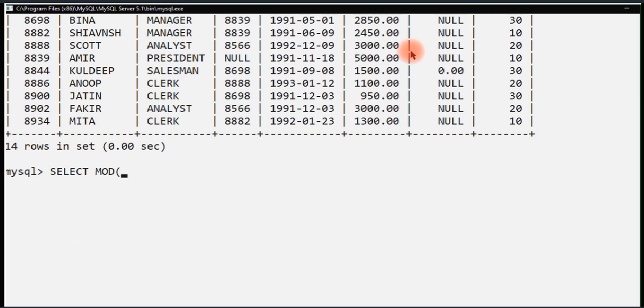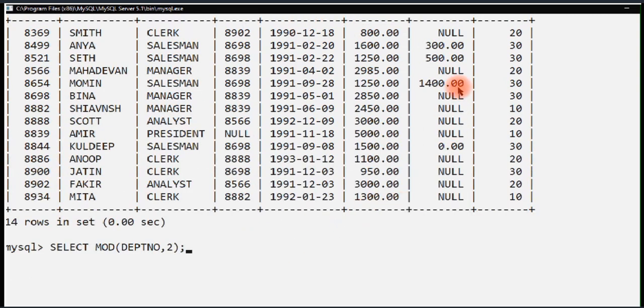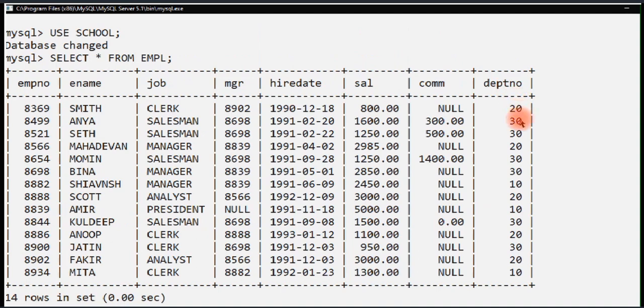In the bracket, I will write the name of the field on which I want to apply it, department number, comma. Then I have written here 2. That means each and every department number will be divided by 2 and I will get the remainder value. If I am taking the first three values, that is 20, 30 and 30, all will be divisible by 2, so the answer will be 0.